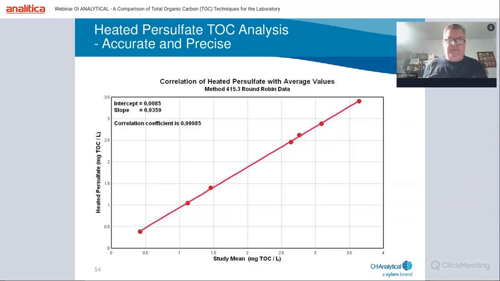So these are some results of a correlation of heated persulfate. These were obtained in a round robin study for EPA 415.3 at low TOC concentrations. Techniques like the heated persulfate are the techniques of choice.